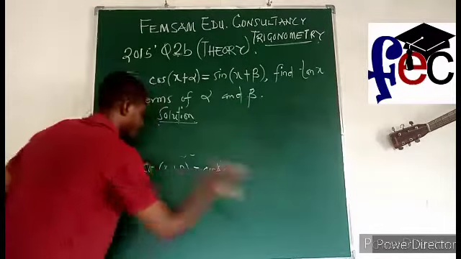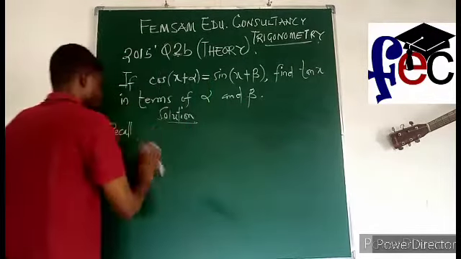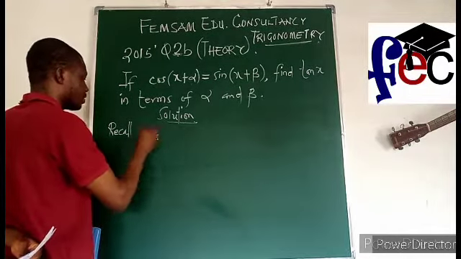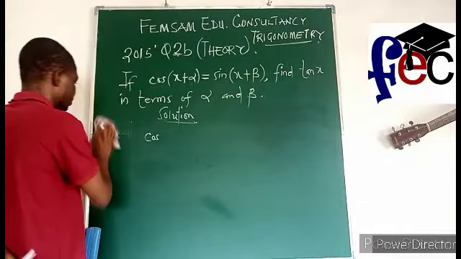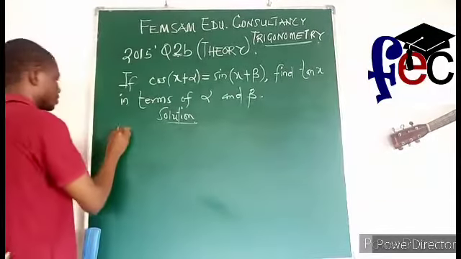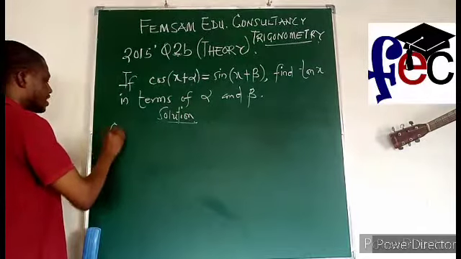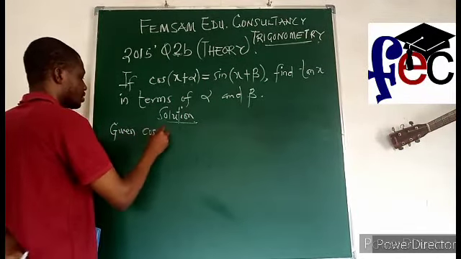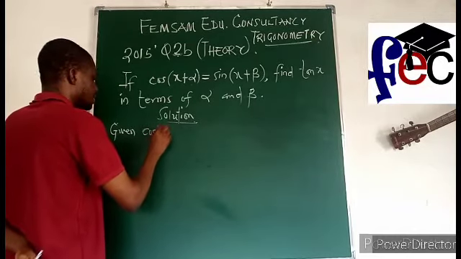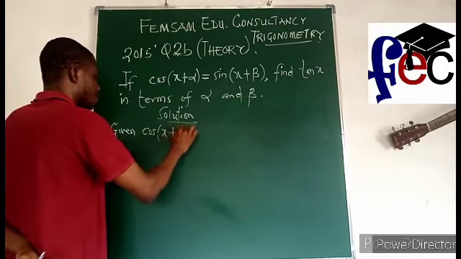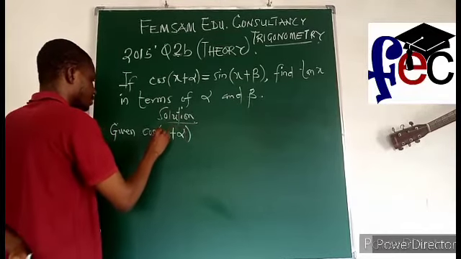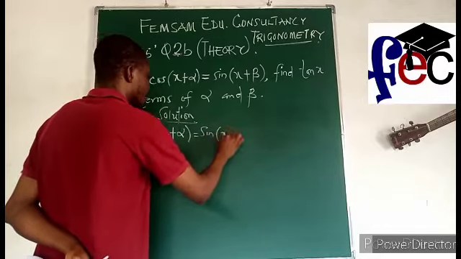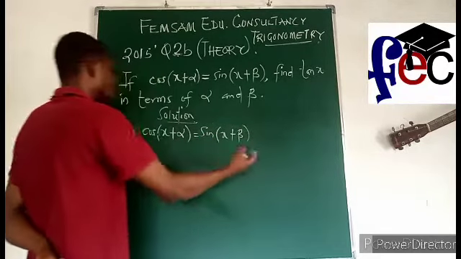Okay, now let me go straight to it. We have been given that cos(x + alpha) is equal to sin(x + beta). This is what we have been given.